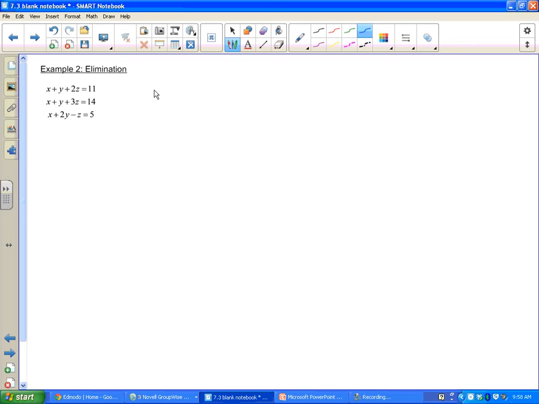So I'm going to take the first equation as it is, and then I'm going to multiply the second equation by a negative 1, so that my x's will eliminate. Negative x minus y minus 3z equals negative 14. Now I'm going to eliminate.